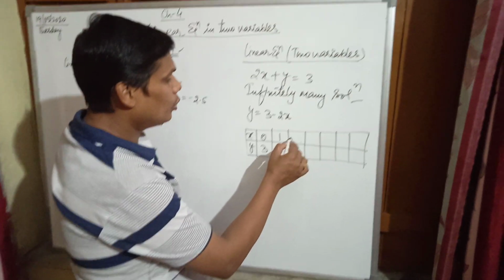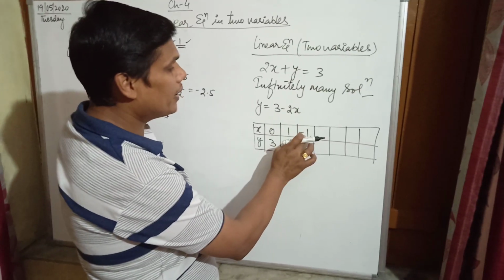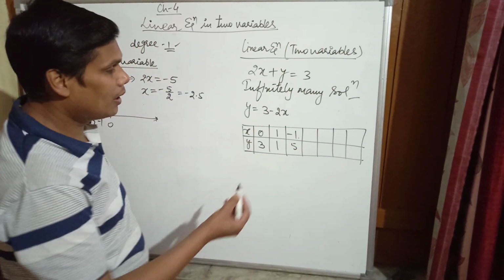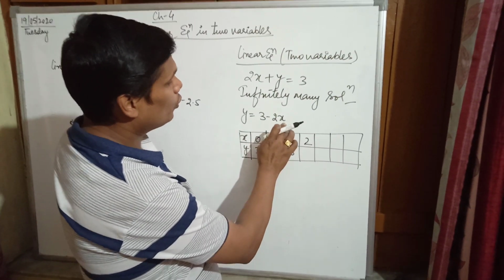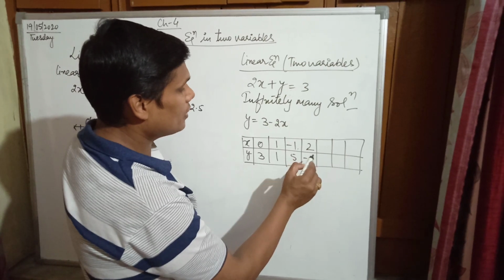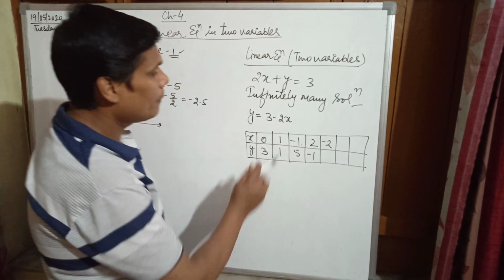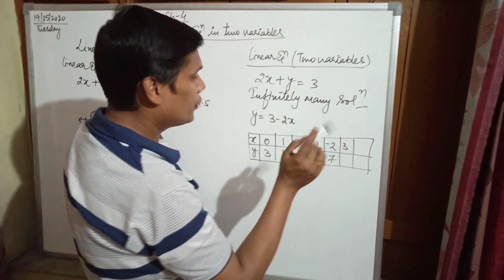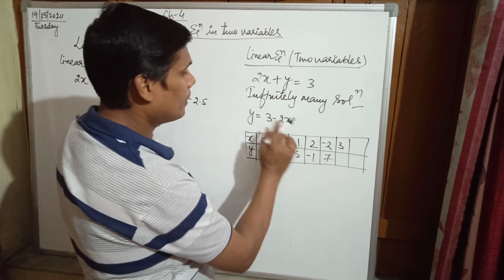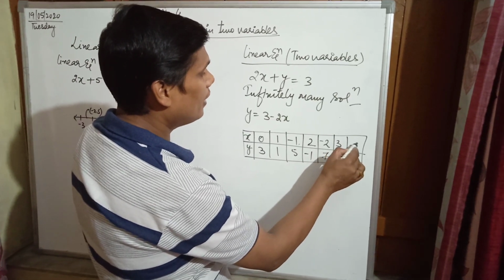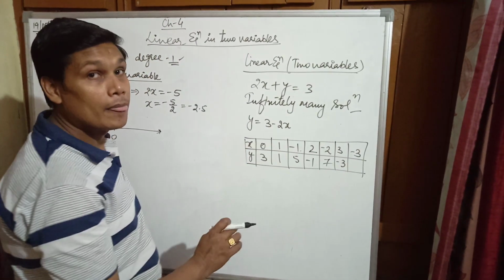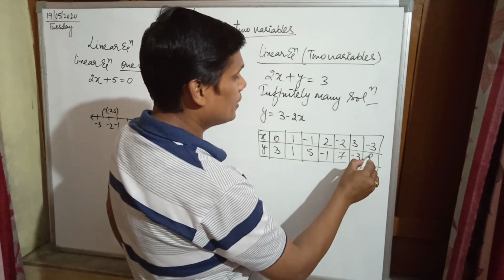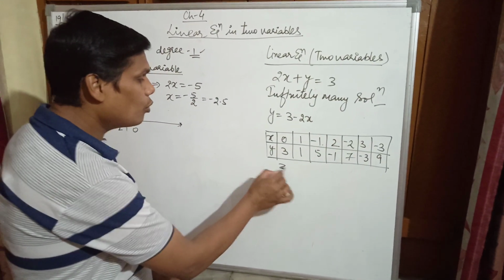If x is equal to minus 1, minus 2 into minus 1 is plus 2, 3 plus 2 is equal to 5. Similarly, x is equal to 2, 2 twos are 4, 3 minus 4 means minus 1. For x equal to minus 2, minus 2 into minus 2 is plus 4, 3 plus 4 is 7. For x equal to 3, 2 threes are 6, 3 minus 6 is minus 3. And if x is minus 3, the value is 3 plus 6, which is 9, and so on.